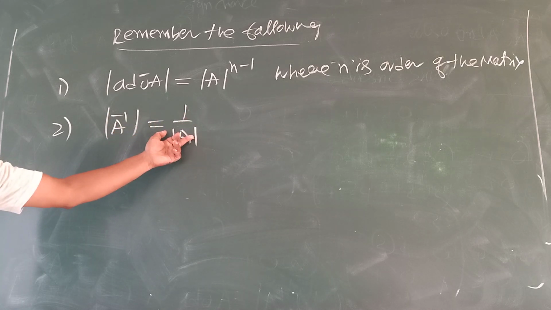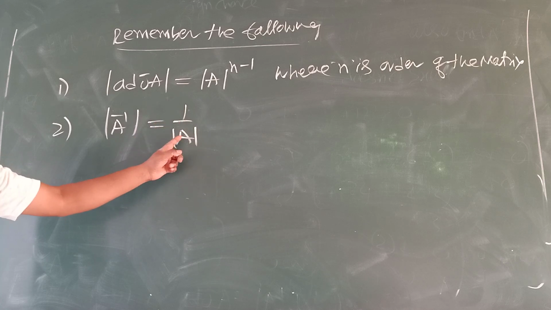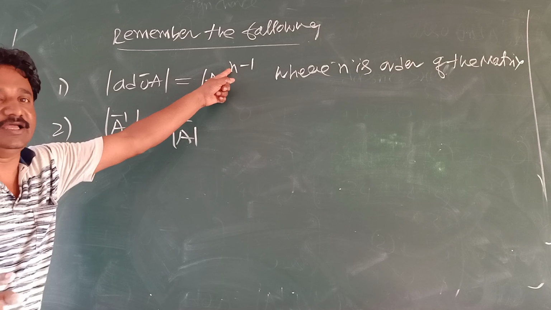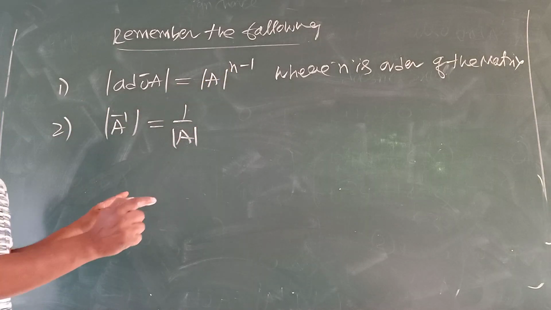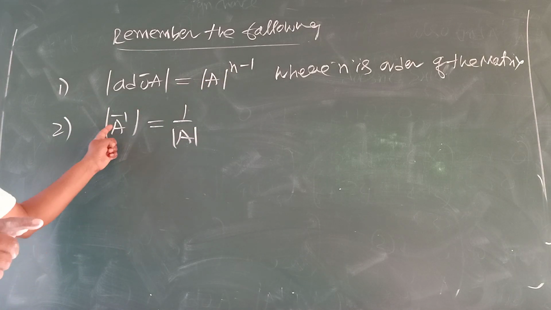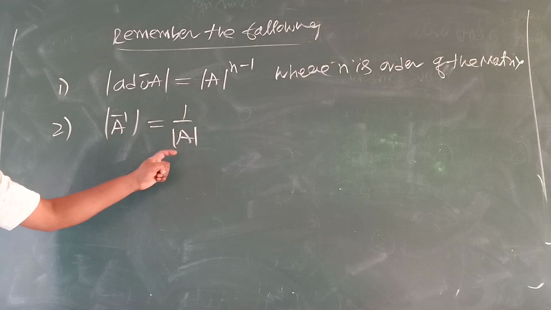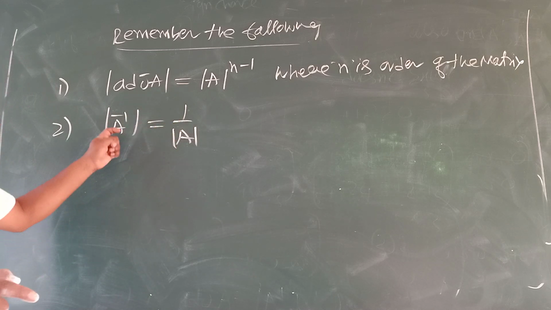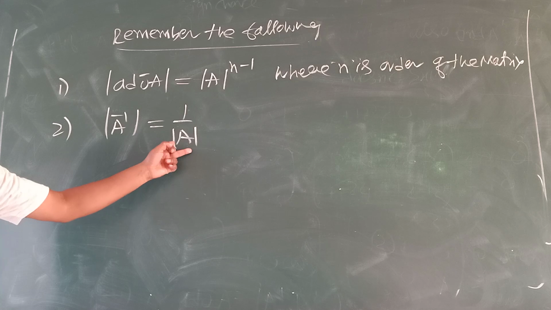Here order does not matter. We have not mentioned order n anywhere in this equation. If it is a second order matrix, determinant of A inverse is 1 by det A. Even if it is a third order matrix, determinant of A inverse is 1 by det A only.